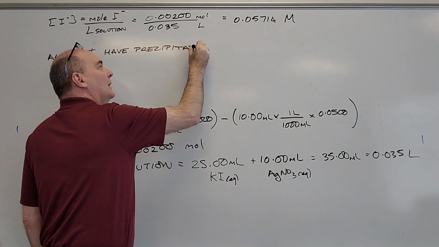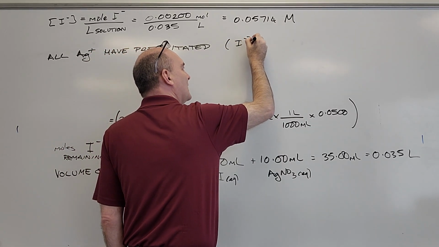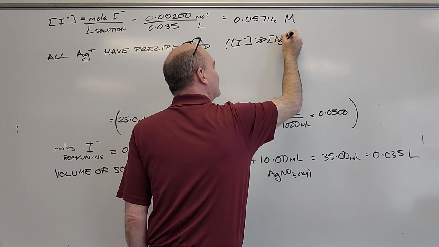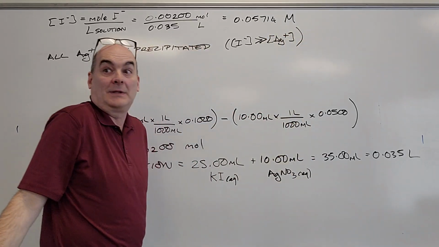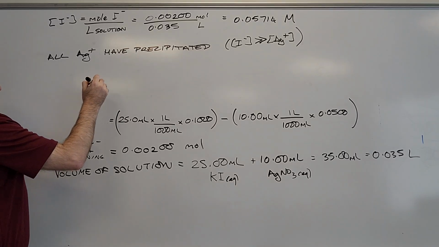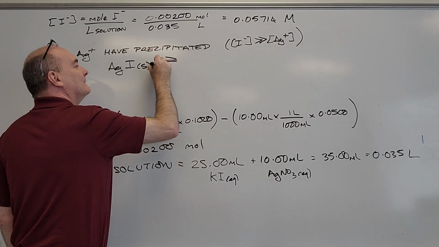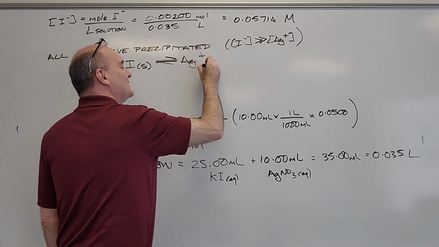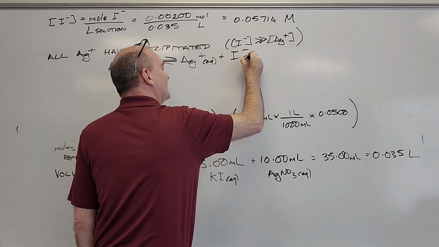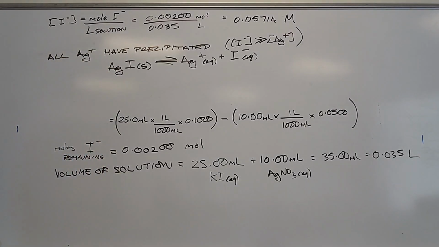And they have to, because the concentration of iodide is larger than the concentration of the silver. They're outgunned, they will precipitate. Okay? But now that it's precipitated, the rule says some of it will come back.